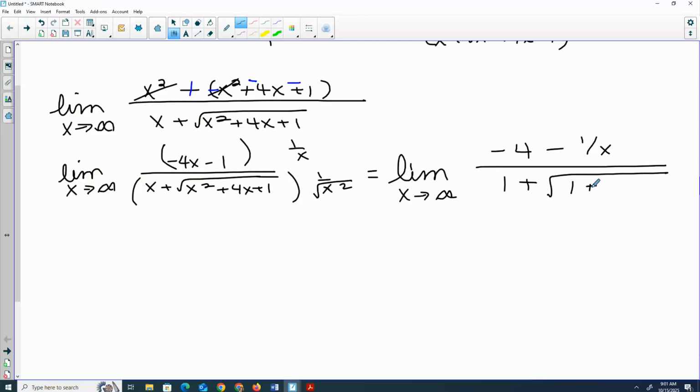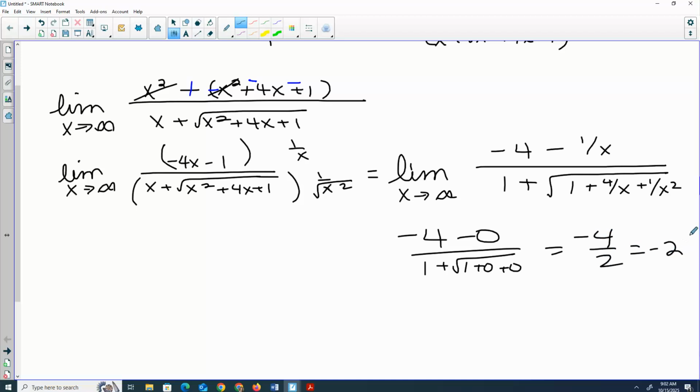So I get 1 plus 4 over x plus 1 over x squared. Now we can plug in infinity because a number over infinity always turns into 0. So you get negative 4 minus 0 over 1 plus the square root of 1 plus 0 plus 0. So negative 4 over 2 is negative 2.